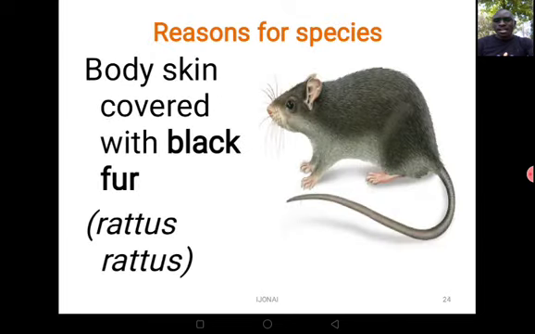Then if the color of the fur is black, you can call it Rattus rattus. It's either black or gray, depending on the environment and also the genetics behind it.